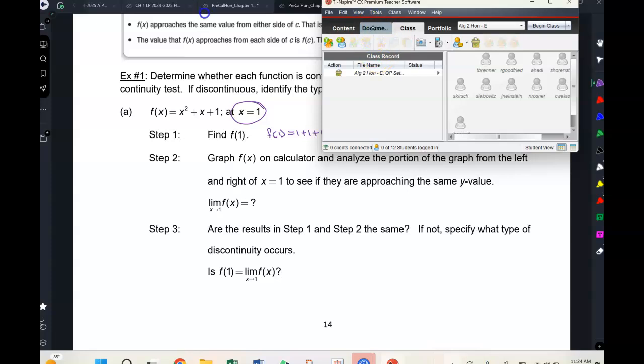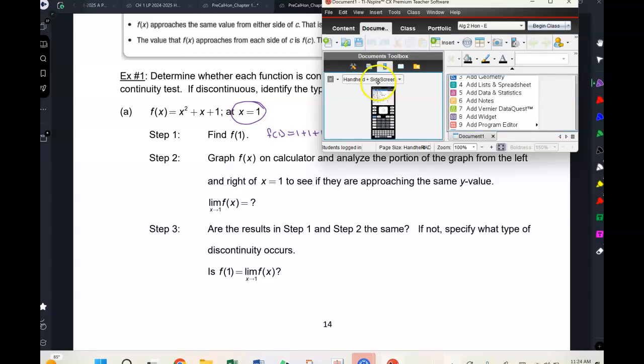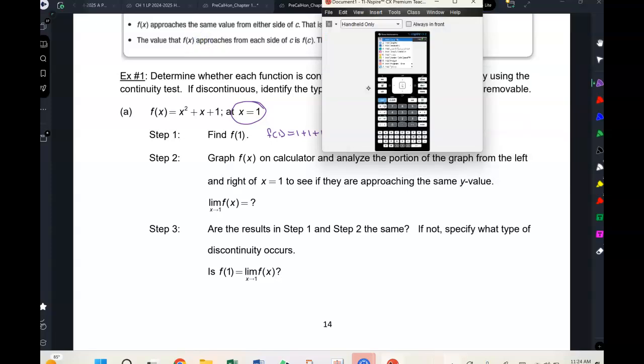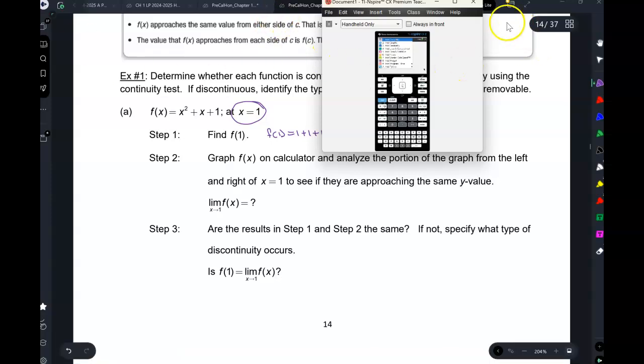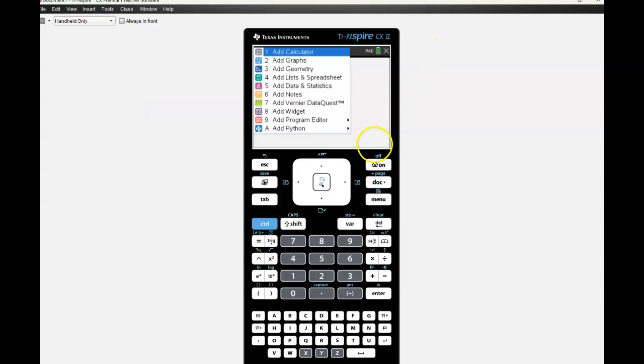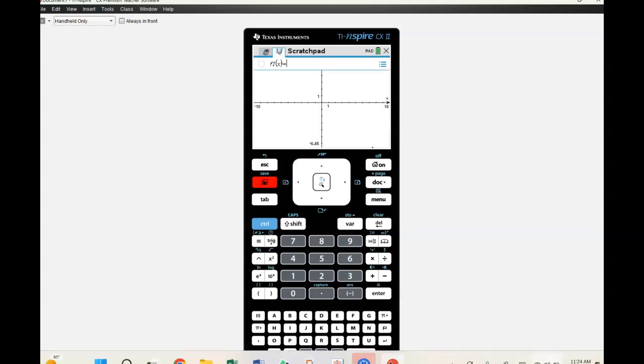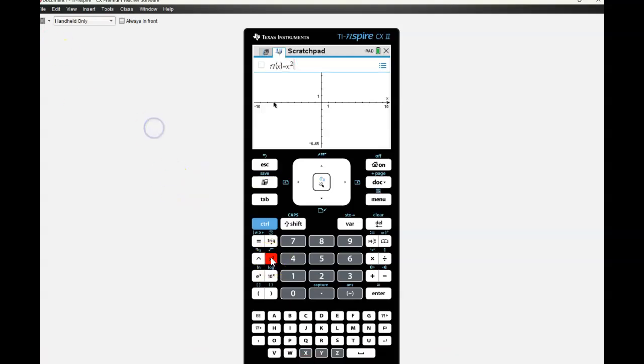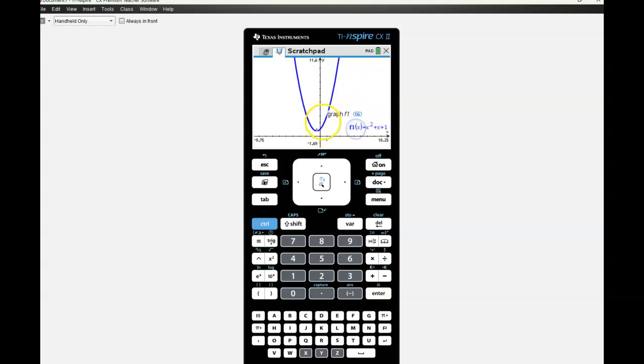Now you want to look at the graph and analyze it at x equals 1 to see what the limit is. What was it? It was x squared plus x plus 1. Here you're just going to visually inspect. So here is x equals 1.